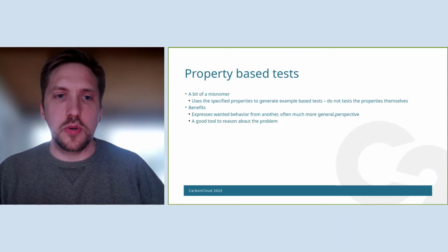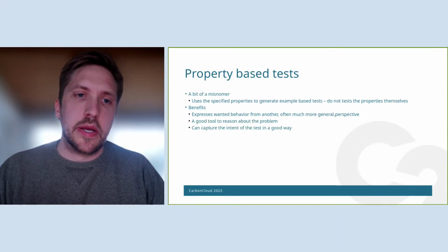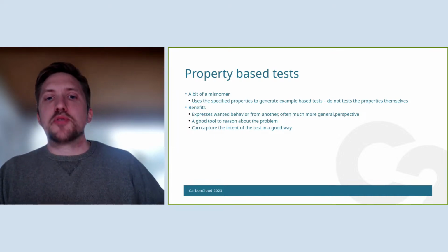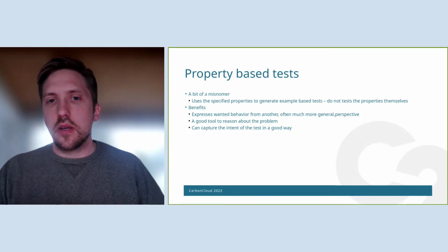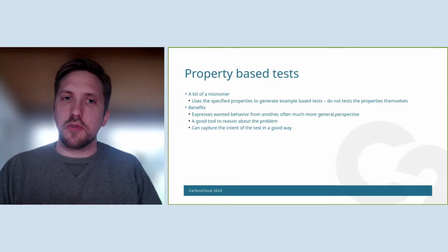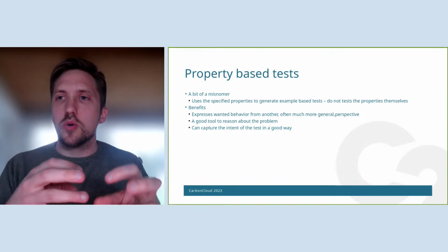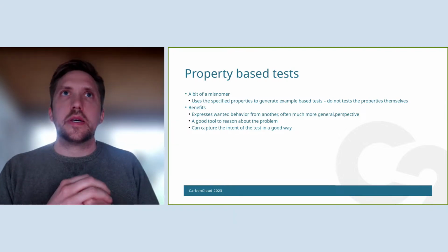So it's a good tool to reason about the problem, and it can also capture the intent in a good way, because it's really clear that I want the code to have this property.